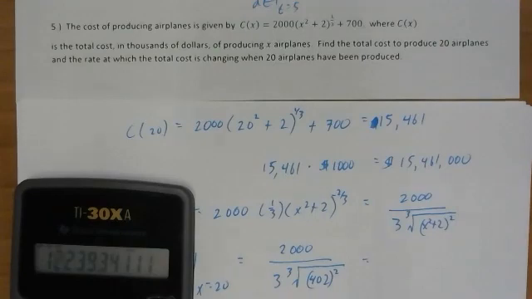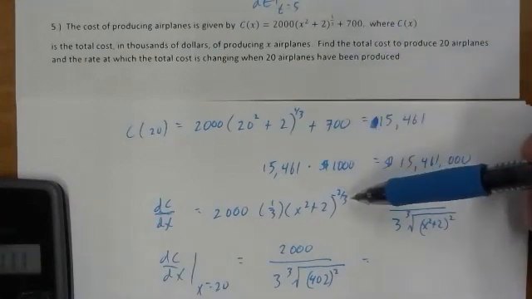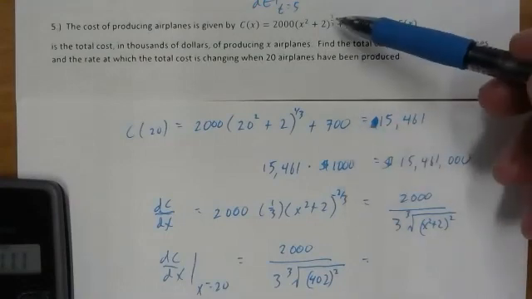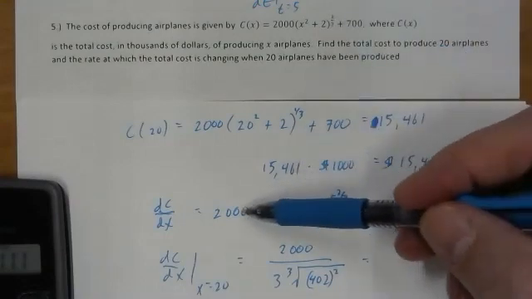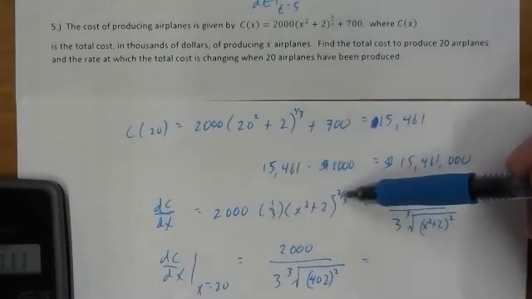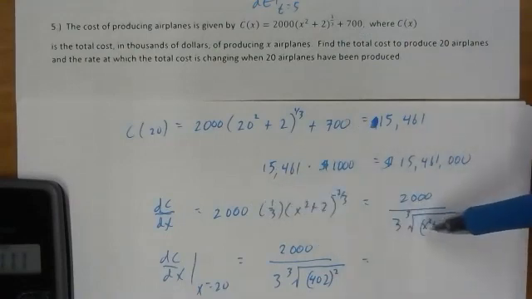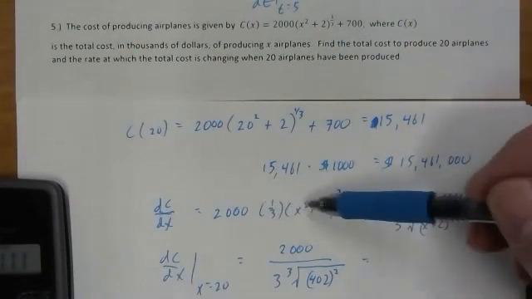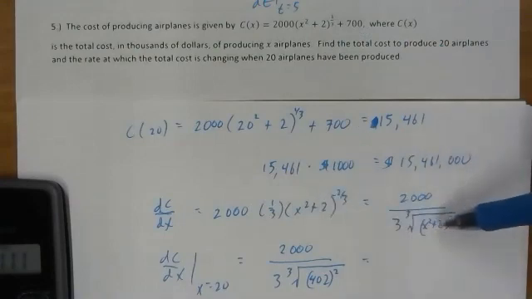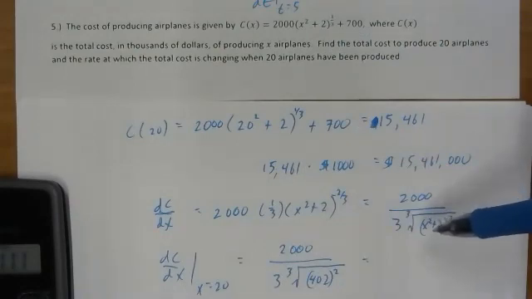So what do you do? You go back and see if you made any mistakes. Let's check our derivative. So 2000, 1/3 comes in front, x squared negative 2/3. So 2000 over 3, it's a cube root of x squared plus 2, all that squared. So when you plug in 20, 20 squared is 400 plus 2, 402 squared.